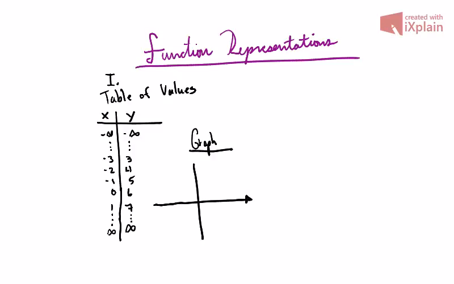So if you draw a graph, and we'll do x and we'll do y, at 0, I'm up at 6 along the y. So 1, 2, 3, 4, 5, 6. This is the point right here. That point right there is 0, comma 6. Blue represents y, red represents x.